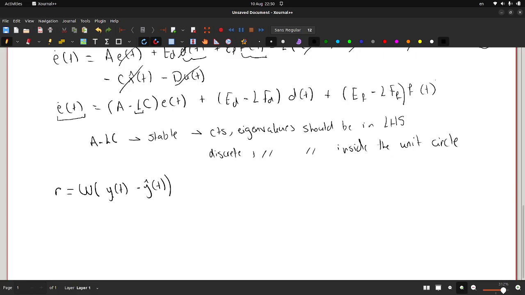The residual signal can actually be only y of t minus y hat of t, but we can introduce this matrix for design purposes if we want to minimize the signal, increase its amplitude, and so on. But most of the time w can just be an identity matrix. So here, if the output is not exactly the estimated output, then there is a fault. Then the residual is not equal to 0 anymore, and now we know that there is a fault.